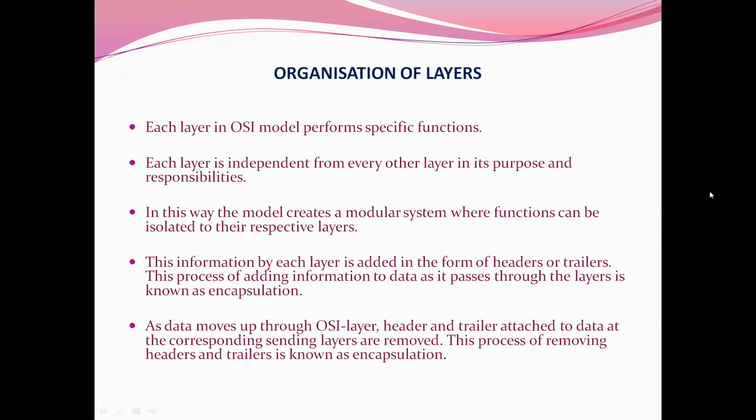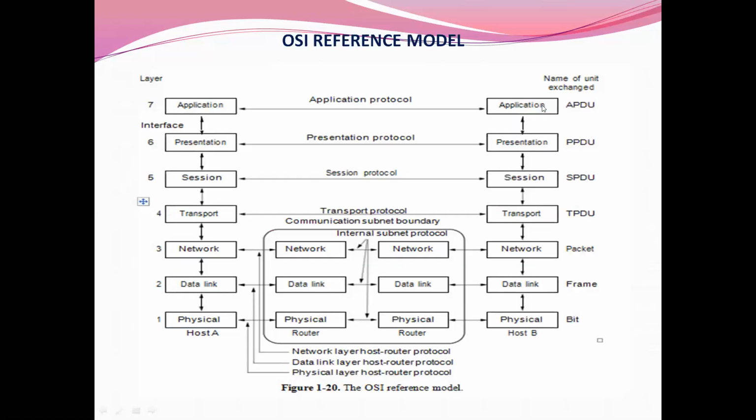So what is meant by encapsulation and what is meant by decapsulation, we will look at here. I had already told you that in host A, the sender, the data always passes from high level to lower level: from the 7th layer to the 6th layer, from the 6th to the 5th, and so on. When there is data in the application layer and it comes to the 6th layer, the presentation layer, some header is attached to that data.